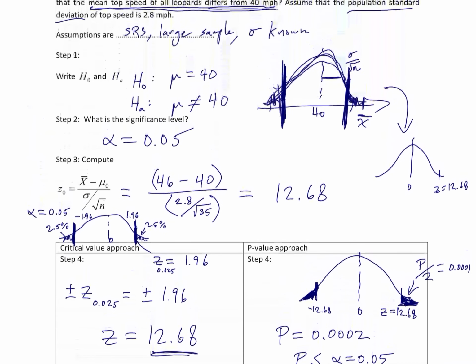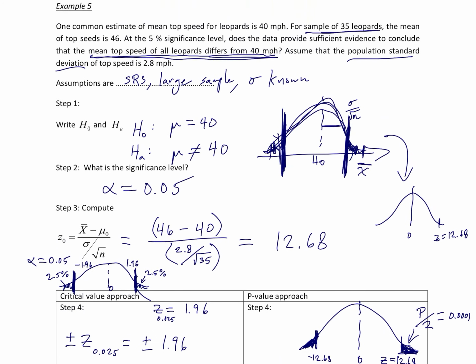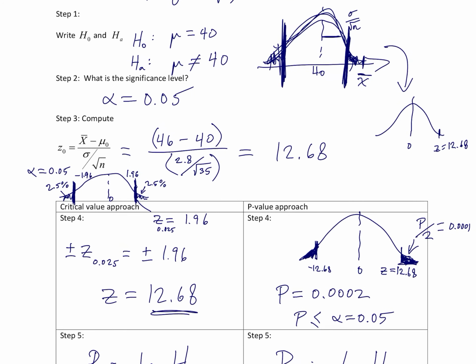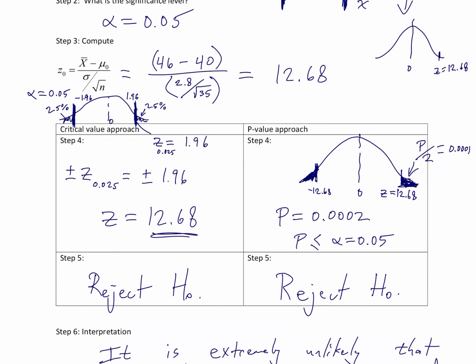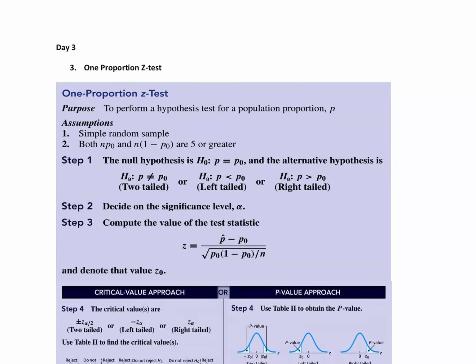And therefore, it's unlikely that we're actually picking from the distribution that's given by the null hypothesis. Instead, it's more likely that the alternative hypothesis holds, that we're not actually looking at this distribution for the speed of leopards. Instead, the distribution is likely something else. So that's how you conclude in these cases.